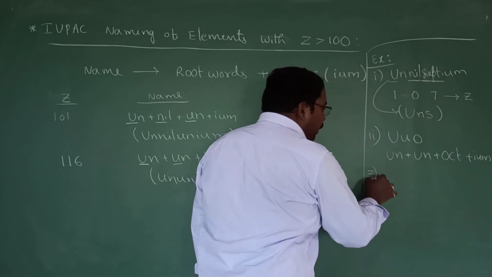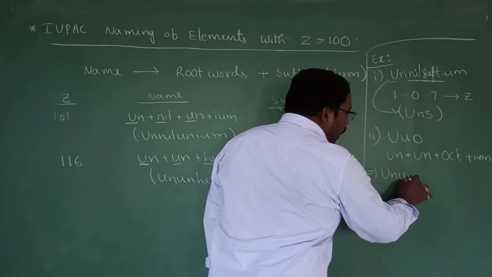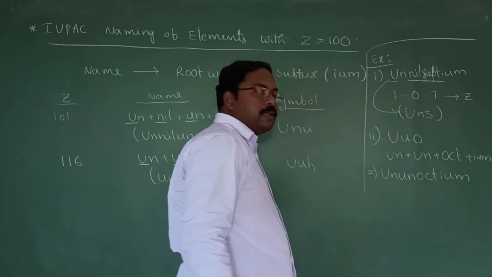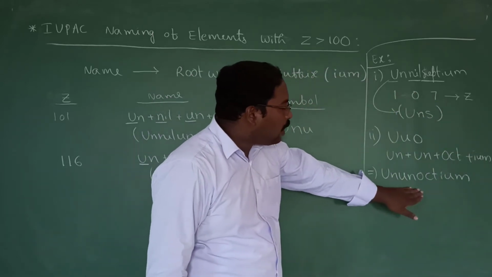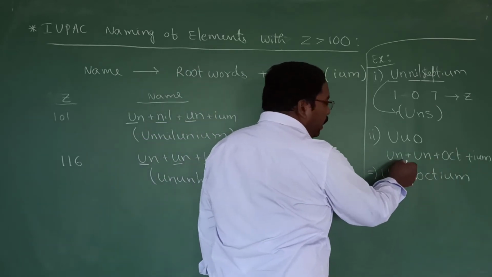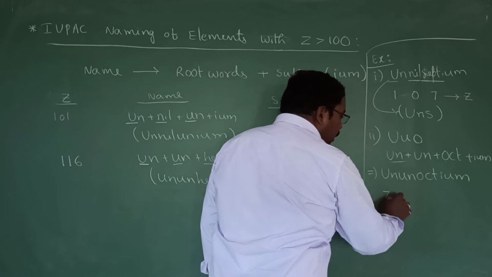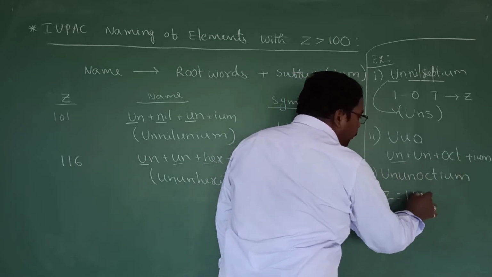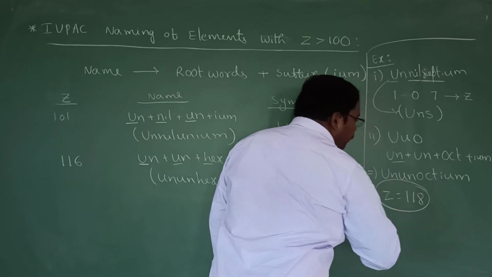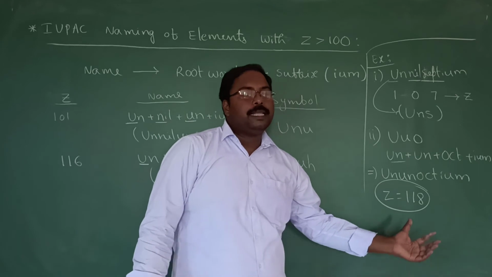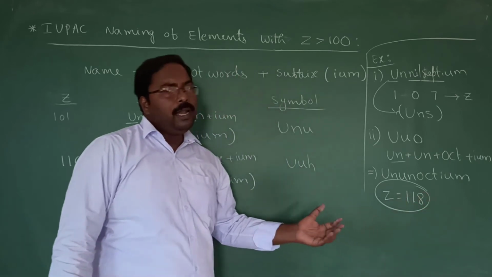The name of the element will be Ununoctium. So coming to the atomic number: 1, again 1, and oct is 8. So the name of the element is Ununoctium and the atomic number is 118.